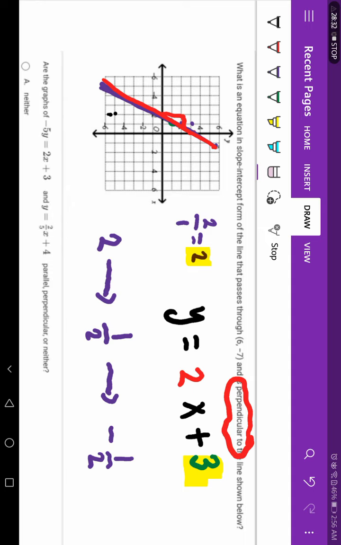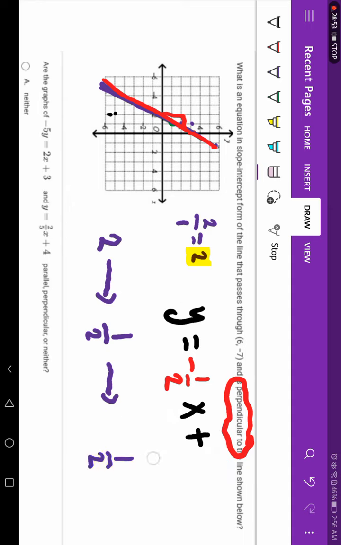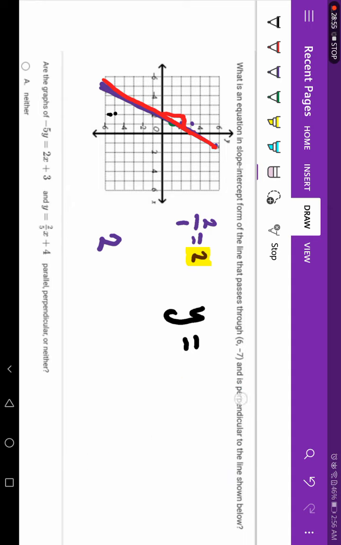So the opposite reciprocal is, as we said, negative 1 over 2. And this is the equation. Can I find it in another way? Yes, you can use the point-slope equation. Are you happy? I hope so.